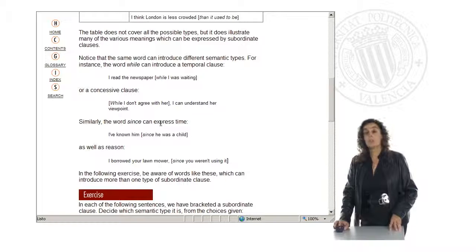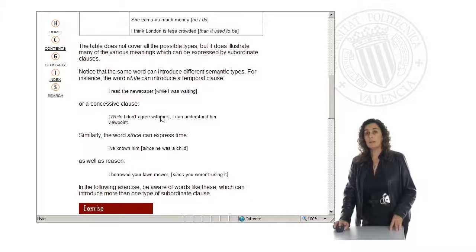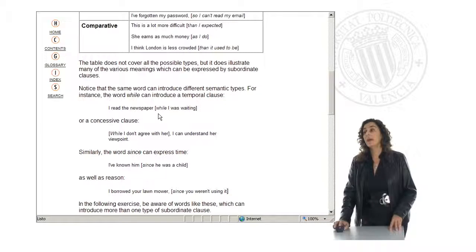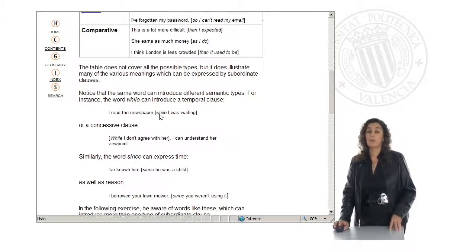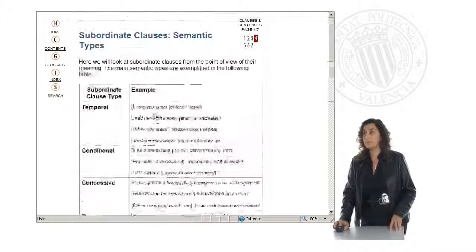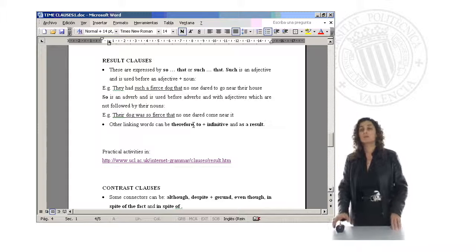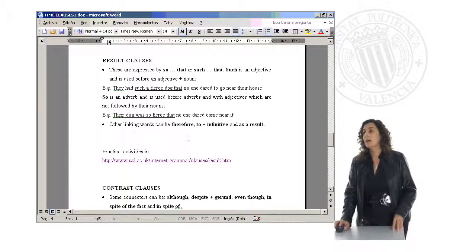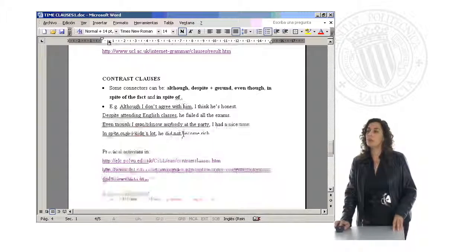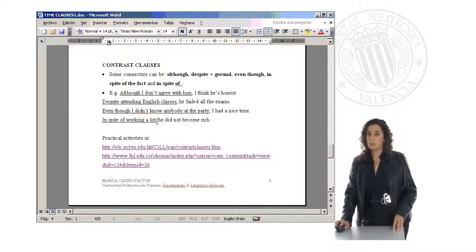You can do these exercises when you have just learned the result clauses, or when you finish all these subordinated clauses and then want to practice them, right? Remember, this website is very useful to learn about subordinated clauses. Okay, let's move on now to another type of subordinated clauses.